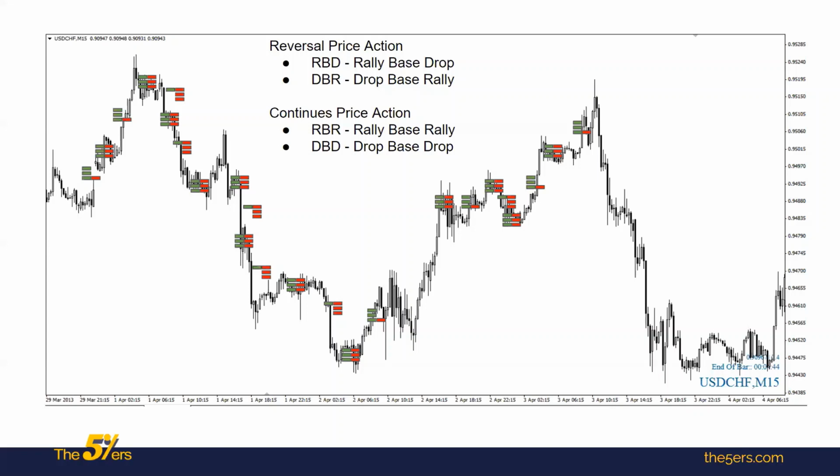Just looking with a straightforward naked eye, we can see the balance between buyers and sellers, and where price decided to make a rally or to make a drop.